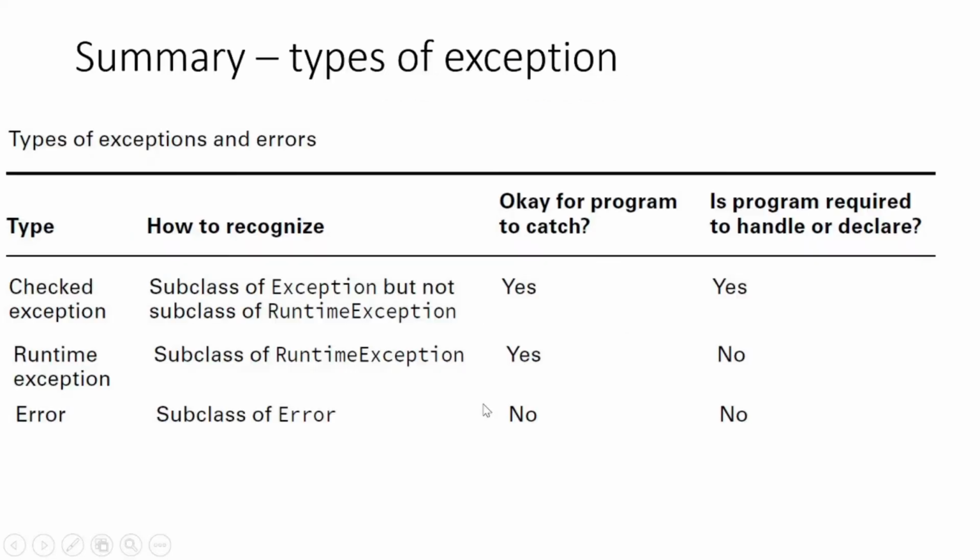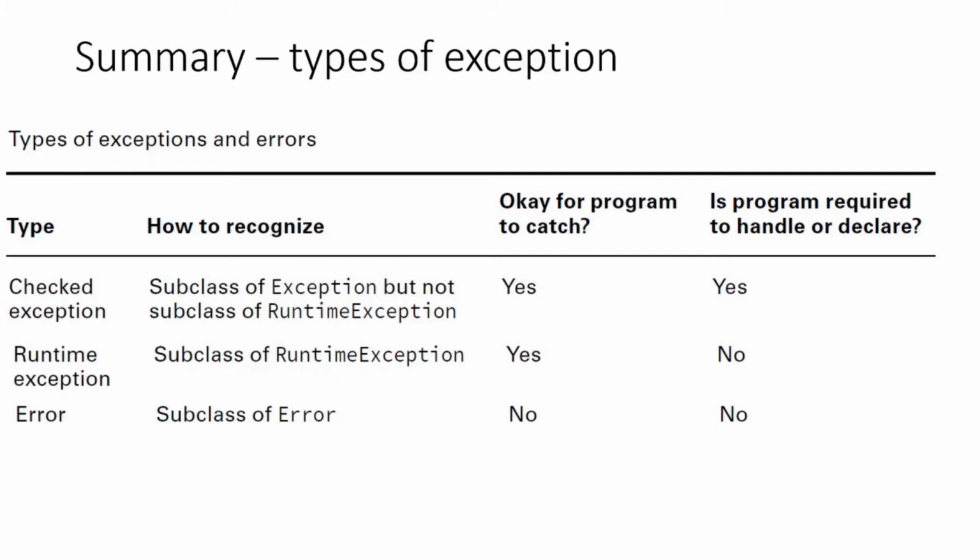All right, let's summarize what we have done here. According to the types of exception, we have two types: checked exceptions and unchecked exceptions. Checked exceptions are the subclasses of Exception, but not the subclass of RuntimeException.